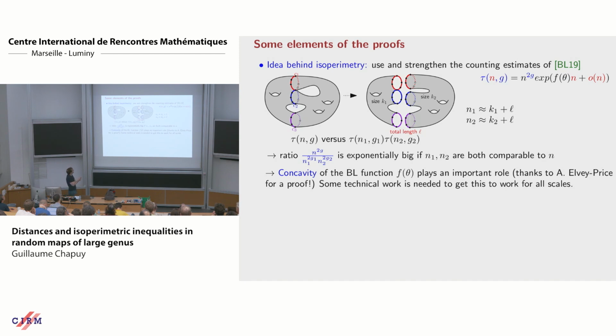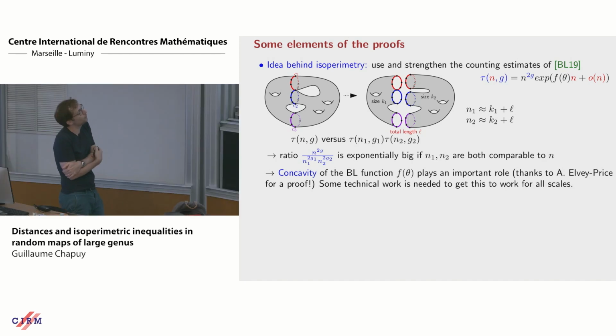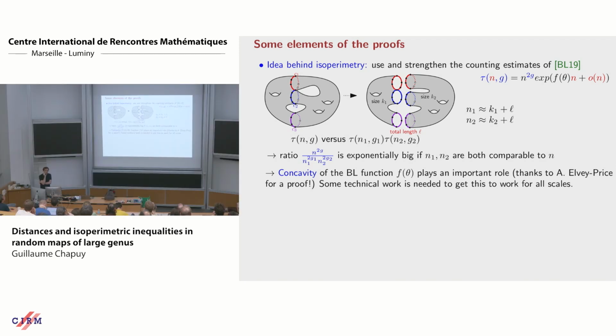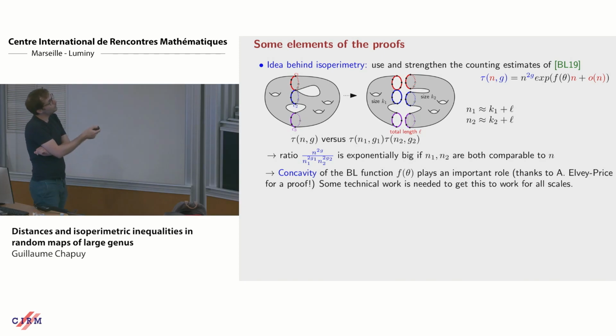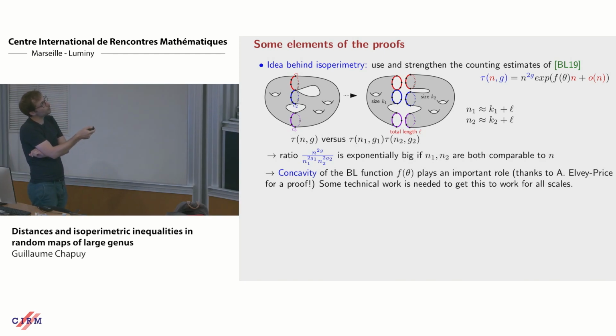So we use and we strengthen a little bit the counting estimates from this breakthrough paper by Thomas and Baptiste. So you see, let's say I look at this picture and I want to see that the thing on the right is unlikely. So I want to upper bound the count of things on the right compared to things on the left, right? So here I have a triangulation of size n and genus g, so it is something like tau n,g. After I cut, I get two triangulations.